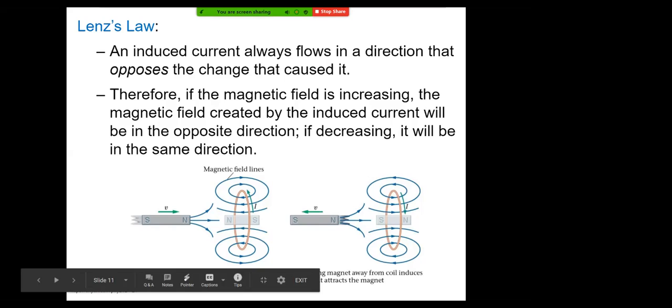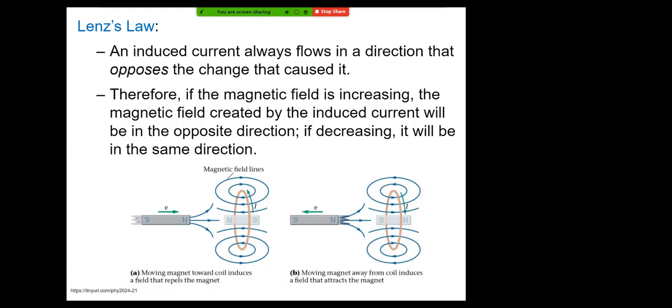If you have a coil over here, and now you have a bar magnet, and you're approaching the bar magnet towards it, then there will be an induced current in this coil. We know that if you have a current-carrying coil, then a magnetic field will be produced by that current.